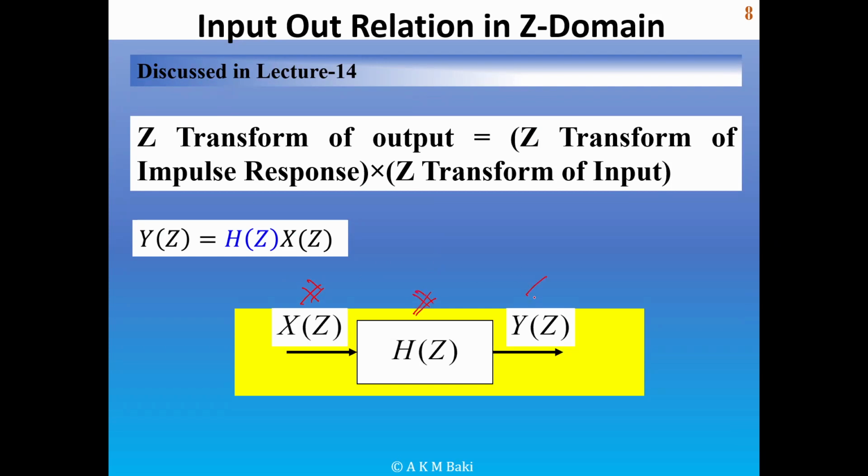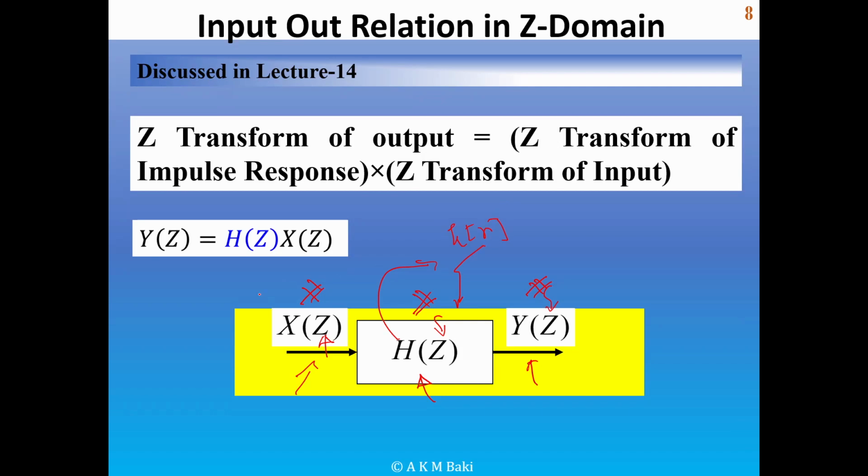As you can see, the input, output, as well as impulse response are represented in Z domain, and the Z transform of the impulse response h of n is termed as transfer function.